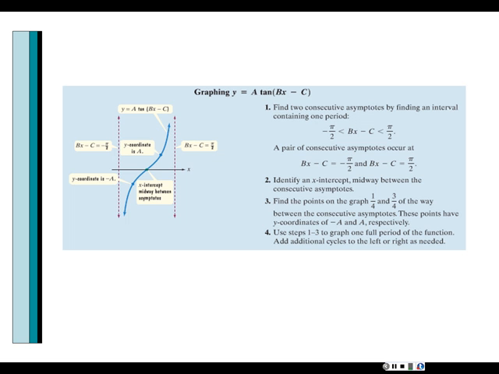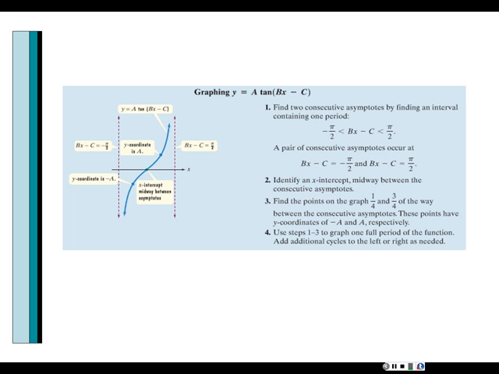Let's look at the steps once again. What we did. Step number 1. Look at here. We first just make bx minus c equals to negative pi by 2. That's exactly what we did here. And for that, we found one value of x.